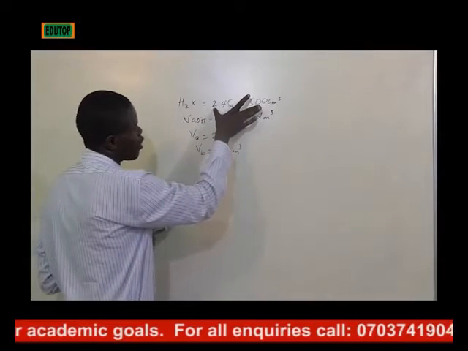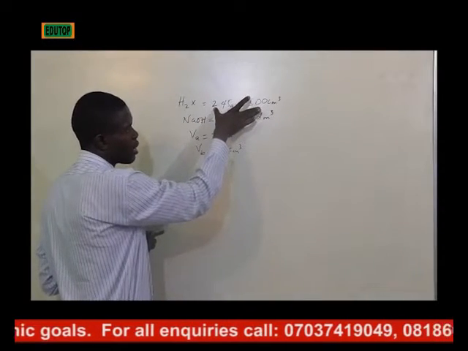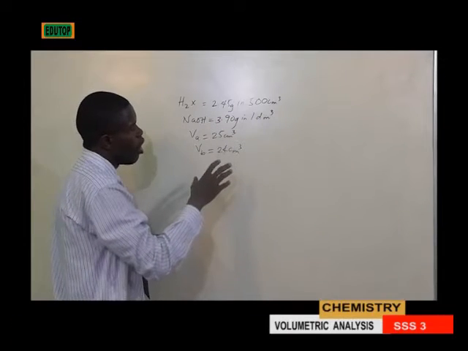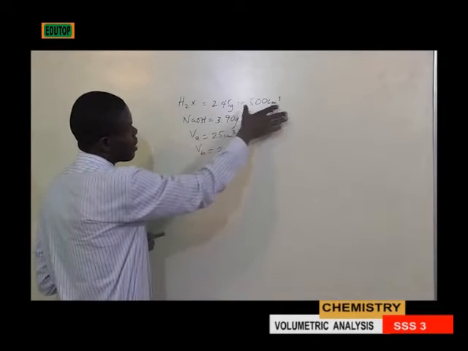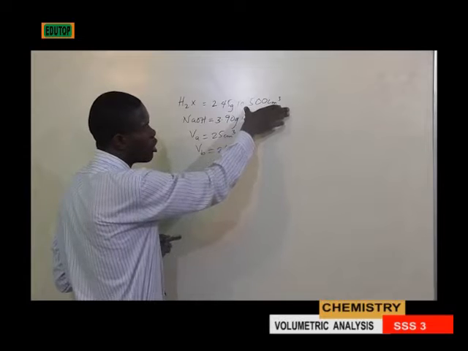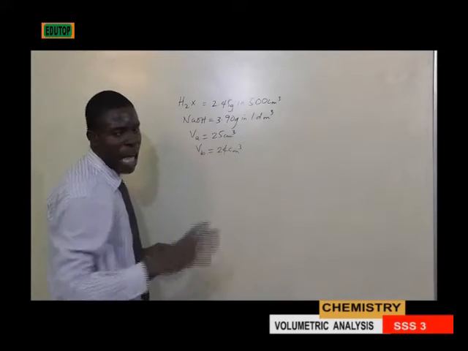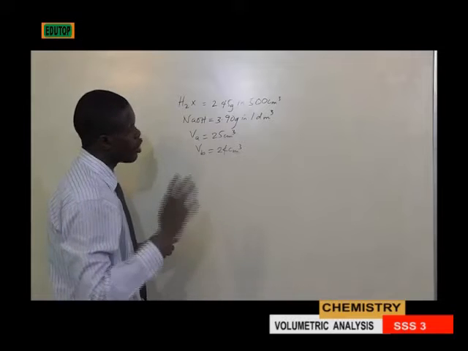This is the mass concentration of A, but here it is not standard, because before it can be standard, it must operate on 1 dm cube, which is the same thing as 1000 cm cube.